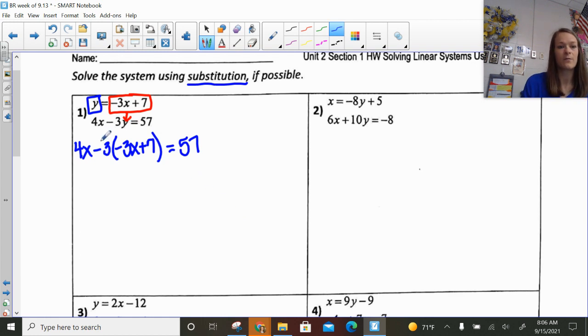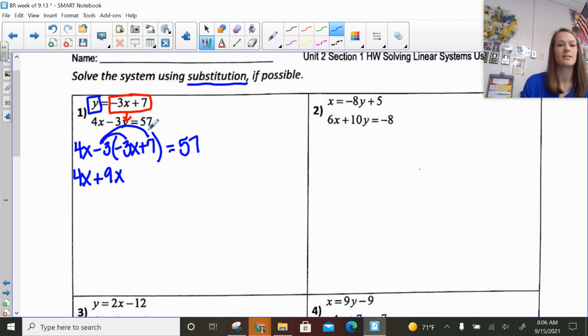The first thing, if you'll remember, is you need to distribute. This 4x will stay the same, so I'm just going to bring it down. Then negative 3 times negative 3x is a positive 9x.